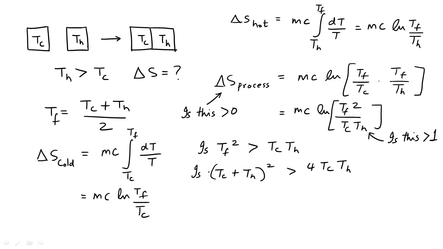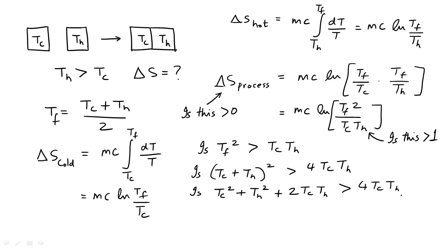Let us open up the square. So this becomes Tc squared plus Th squared plus 2 times Tc Th, and we are asking if this is greater than 4 Tc Th.